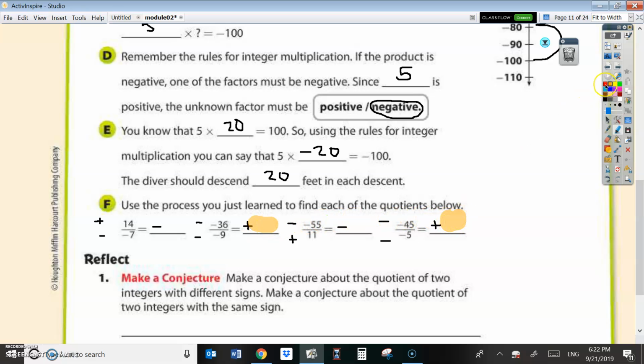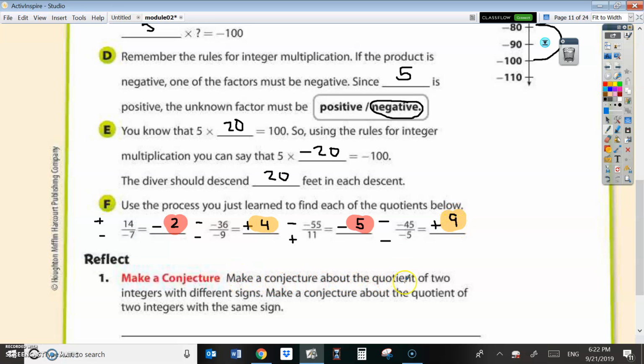Positive, negative, negative, and now just do the division. 14 divided by 7 is 2. 36 divided by 9 is 4. 52 divided by 11 is 5. 45 divided by 5 is 9.